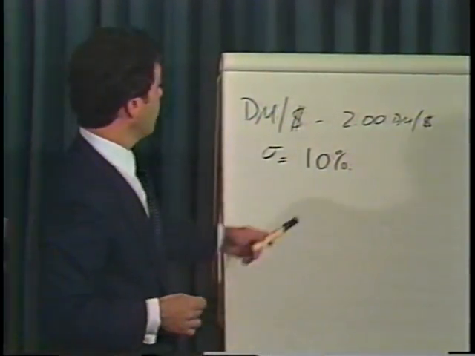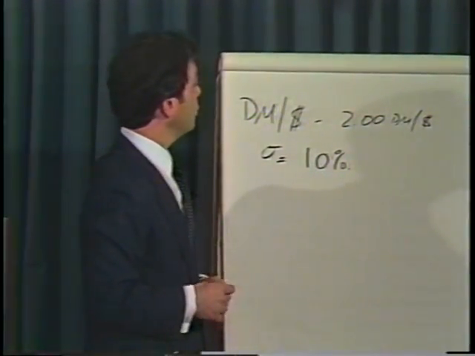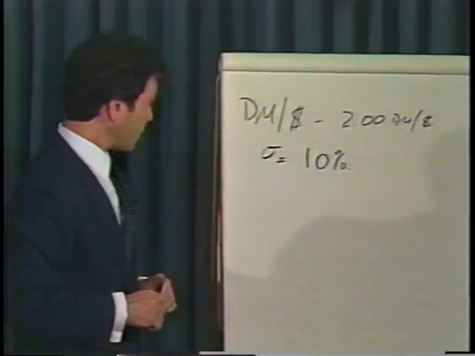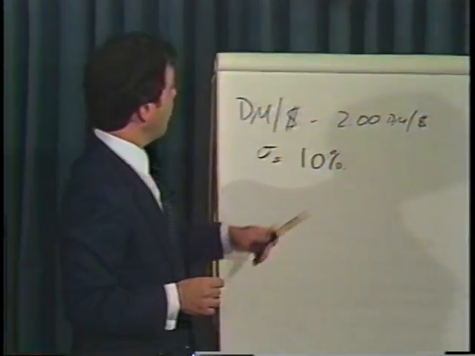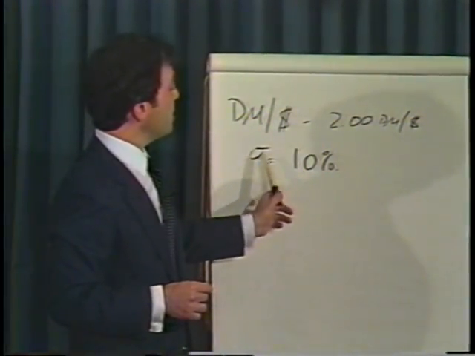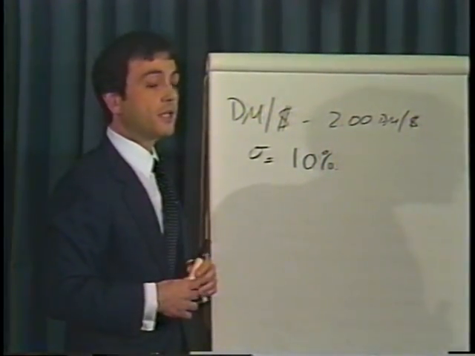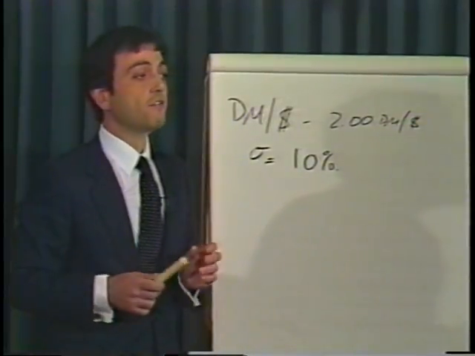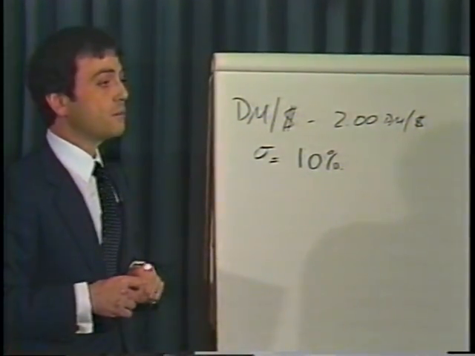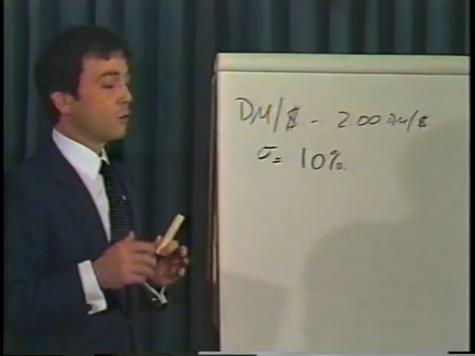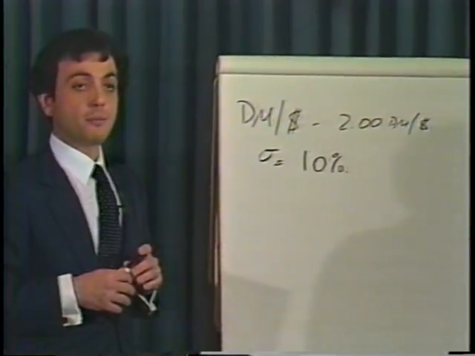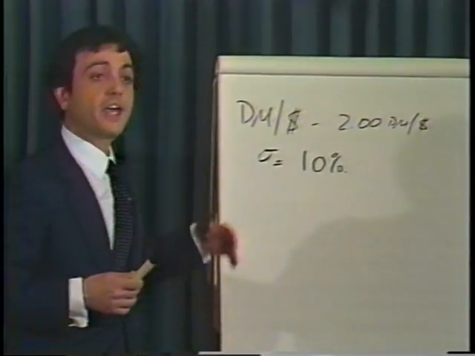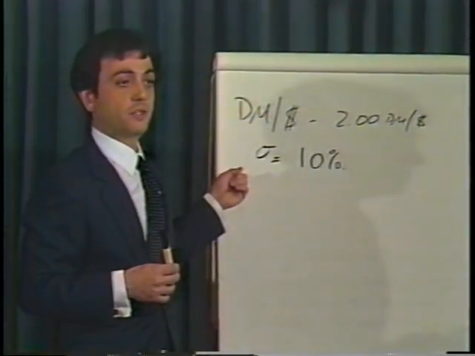So what is 20% of 2? That is 40 pfennigs, right? So that means that given a sigma of 10%, we have 95% confidence that the DM dollar rate will be between 1.60 DM to the dollar and 2.40 DM to the dollar 1 year out. That is what sigma is, intuitively.